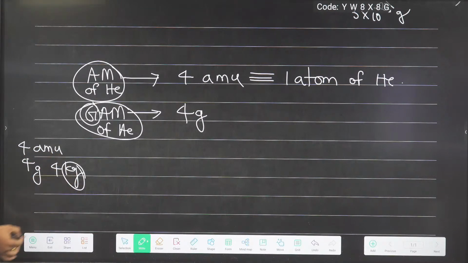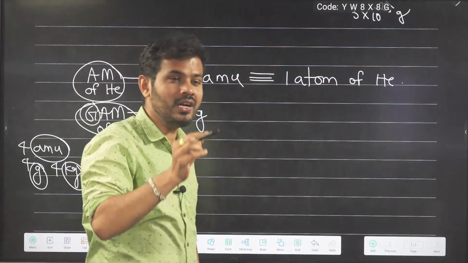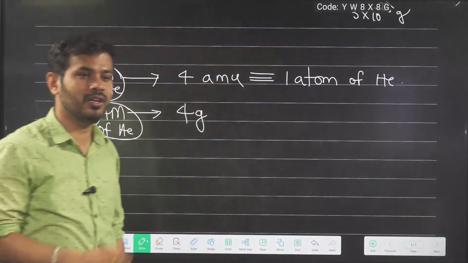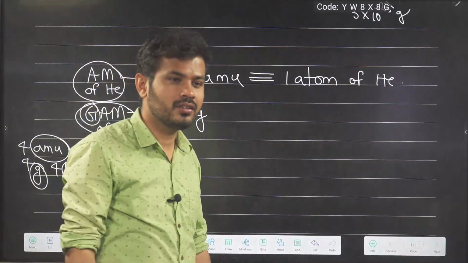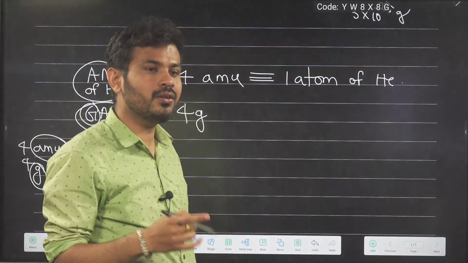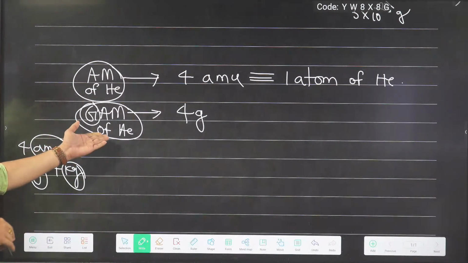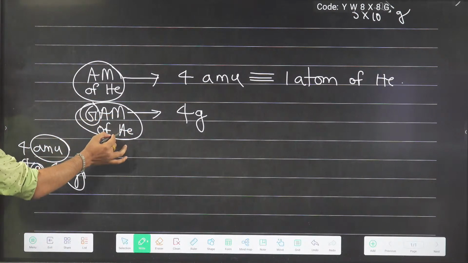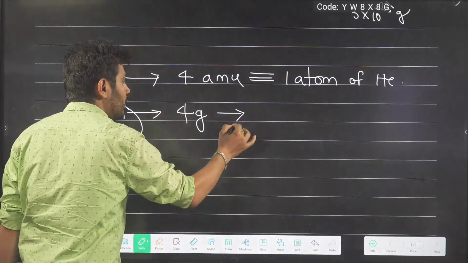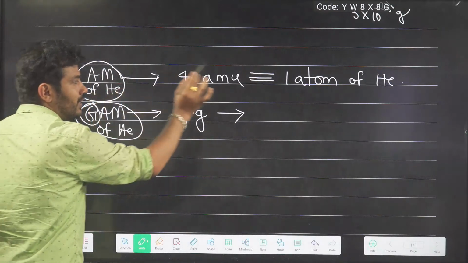Kg is a larger unit. Gram is a smaller unit. AMU is a very small unit. You cannot even imagine how small this is. How is gram atomic mass related to Avogadro's number? That is what I am talking about. So gram atomic mass of helium is 4 gram, and 4 gram means what? Atomic mass is 1 single atom.